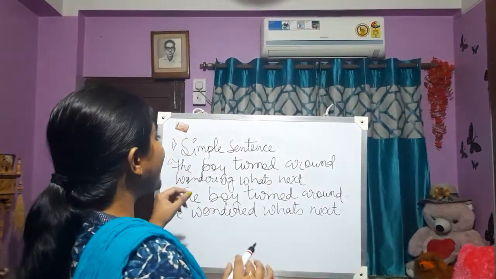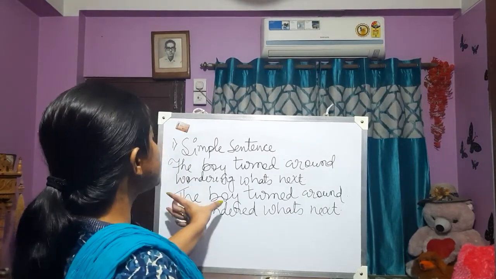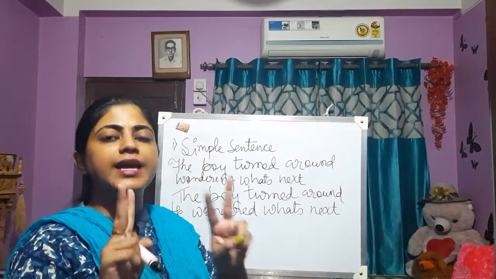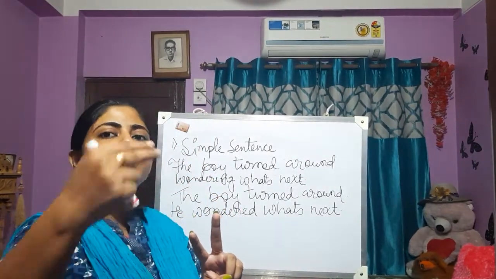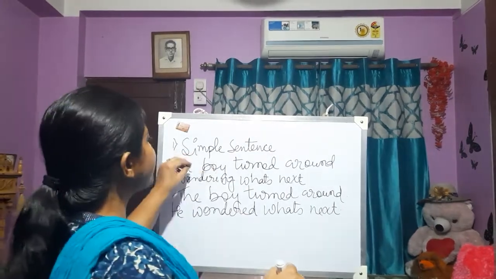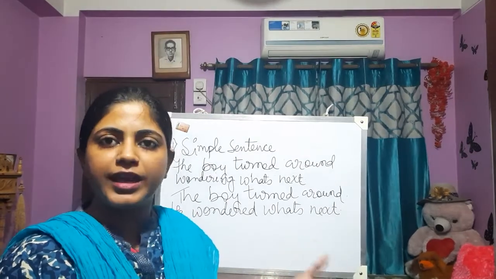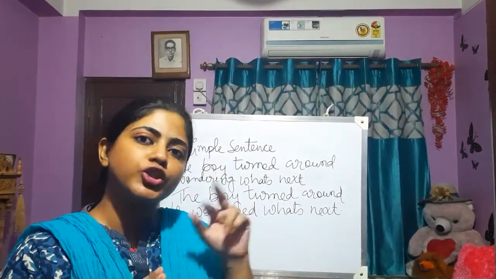Now when I split the sentence, I have to use the boy twice, because in each sentence the subject and the predicate have to be there. The subject is already boy, I cannot change the subject and make it girl or something else. The subject has to remain the same, so I have to use the subject two times.